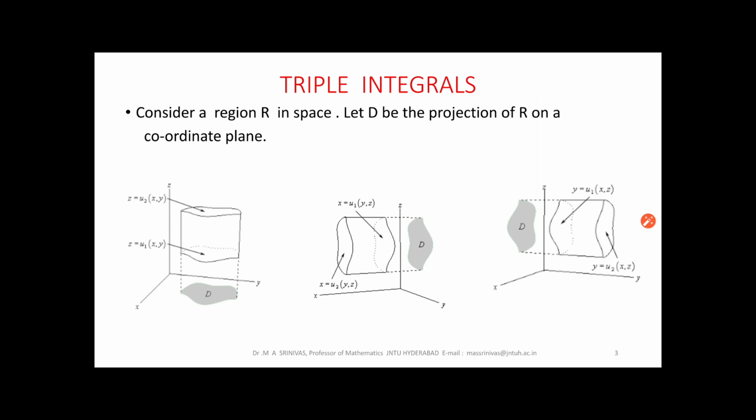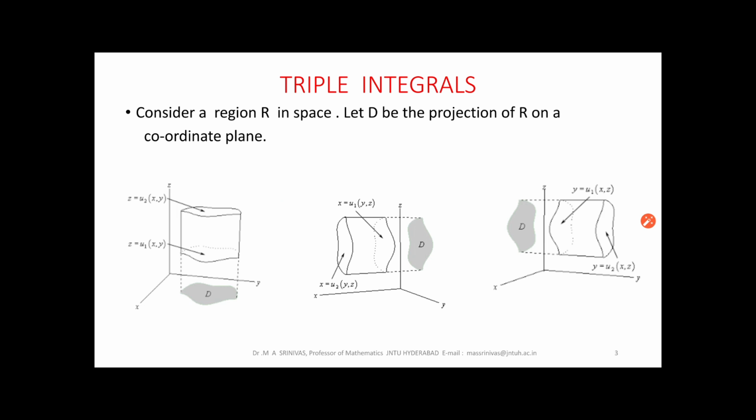Consider a region R in space, and let D be the projection of R on a coordinate plane. In general, if you take a region R in space, you can always project it on any of the three planes: xy, yz or zx planes.